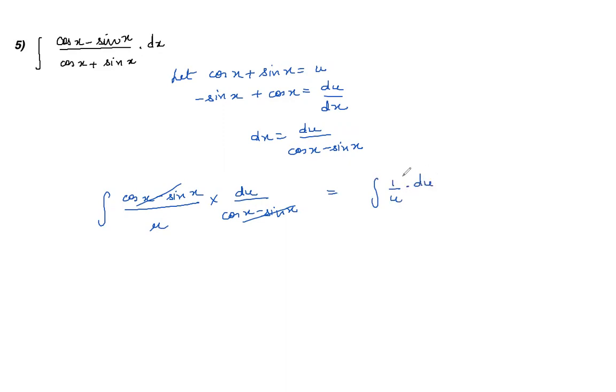So finally I need to integrate only 1 upon u. What is the integration of 1 upon u? That is equal to log u plus c. What is the value of u? That is cos x plus sin x. So the answer is log of cos x plus sin x, plus c. Fine. So this is the required answer for question number 5.